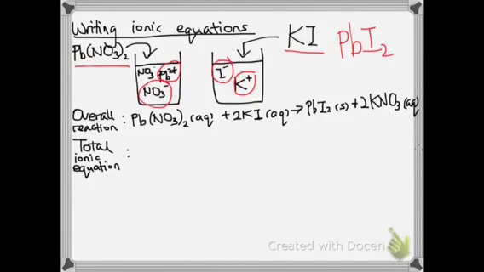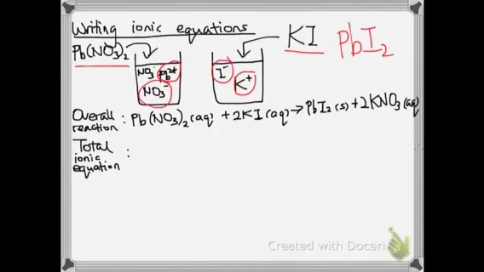Now, how do we construct an ionic equation? First of all, you should write out the balanced chemical equation with the state symbols. Secondly, you've got to identify all the aqueous compounds in both the reactants as well as the products.